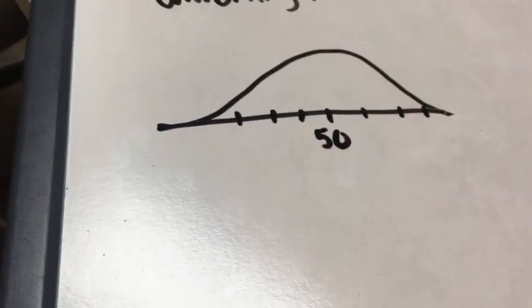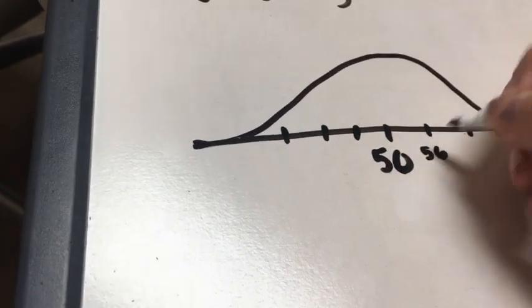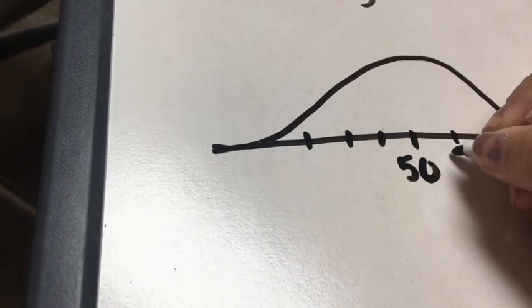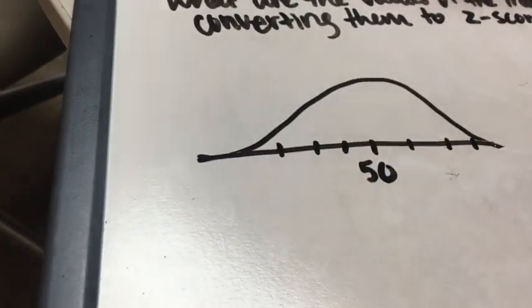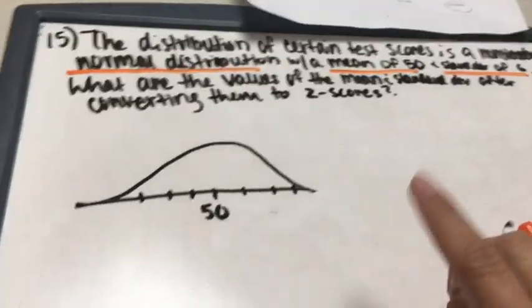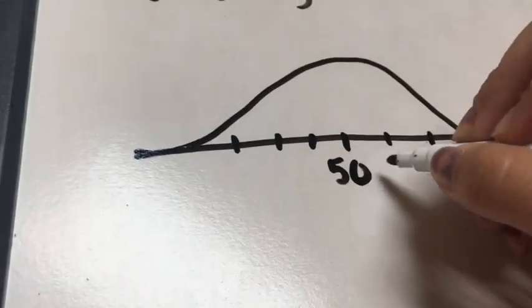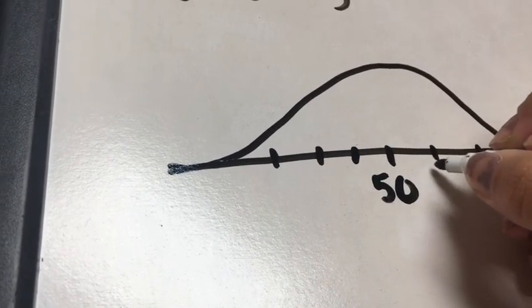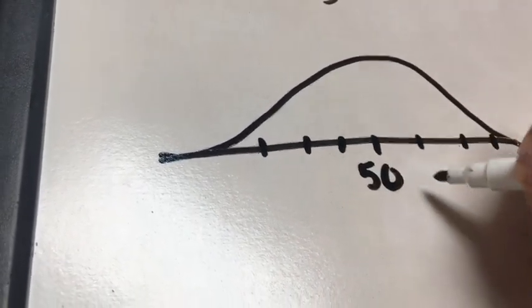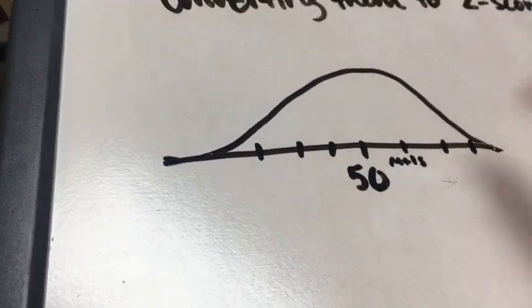So I'm just going to fill in. Okay. So your mean always goes in the middle, and then you have a standard deviation of 6. In order to find what comes right of your mean, you have to do your mean plus 1 standard deviation, and your standard deviation is 6.